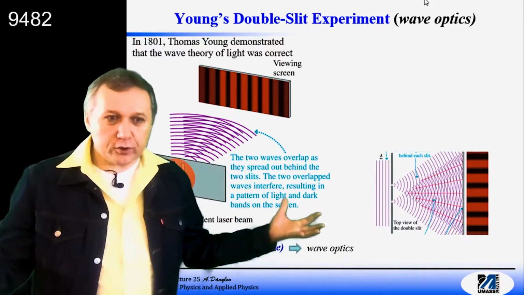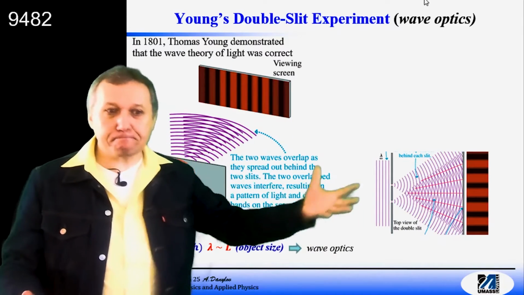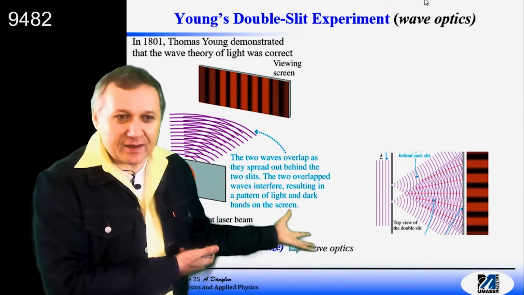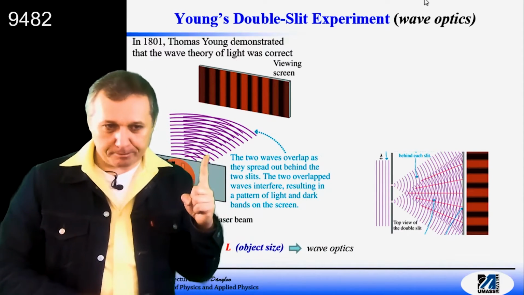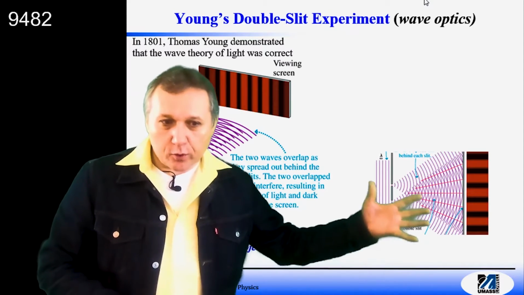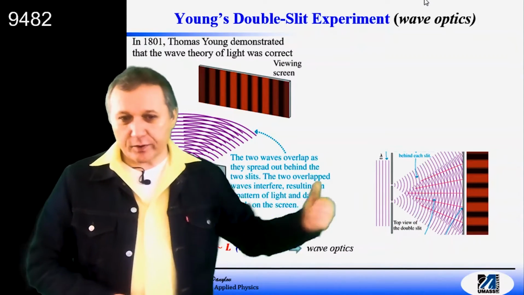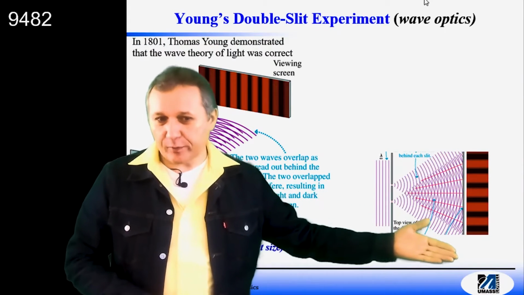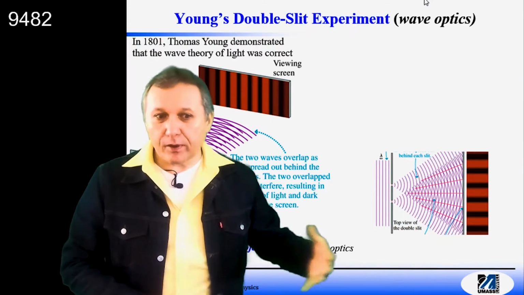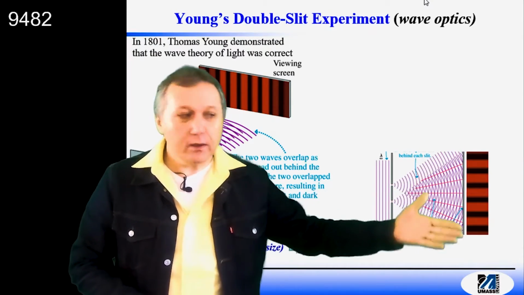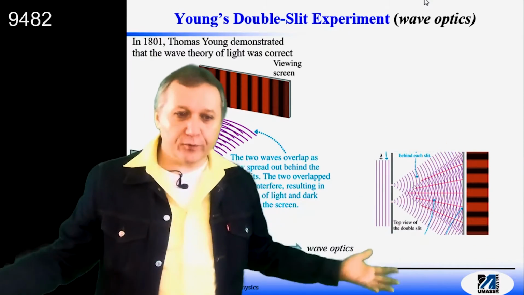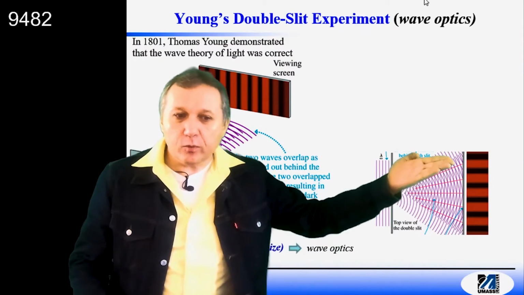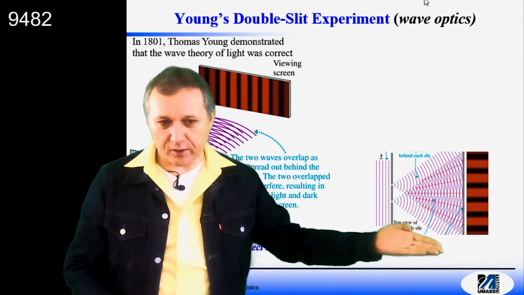So what's new in today's lecture? As I said, basically the physics is exactly the same, and the new part is this. The problem with this setup is that we know this area will be filled with bright and dark spots, but because usually it's done in a room filled with air, or maybe vacuum, depending on your experimental setup, we cannot see these bright and dark spots.